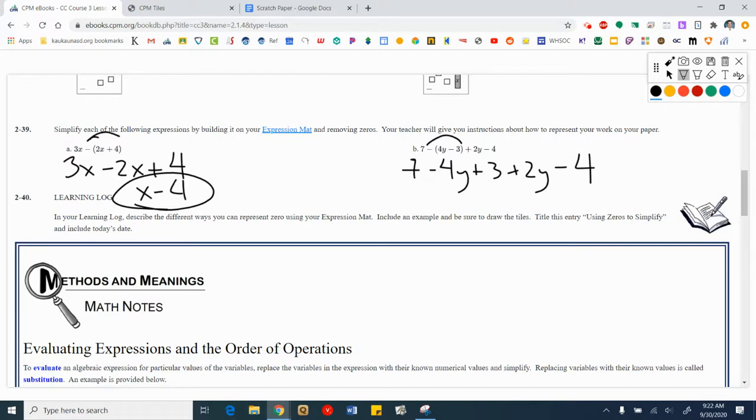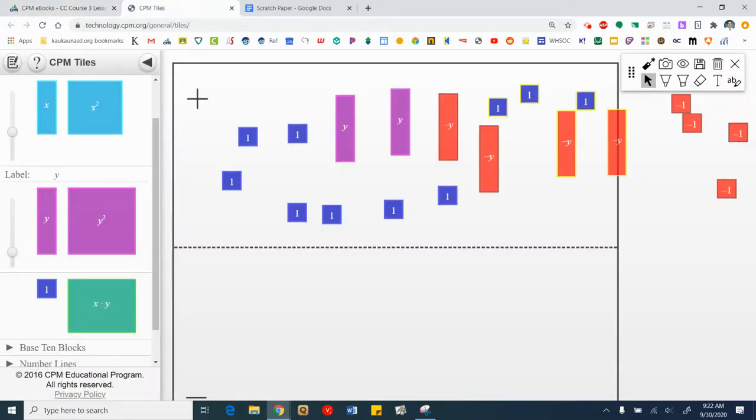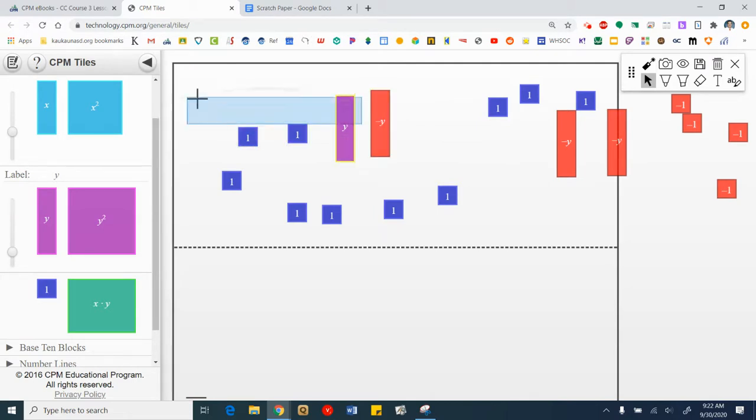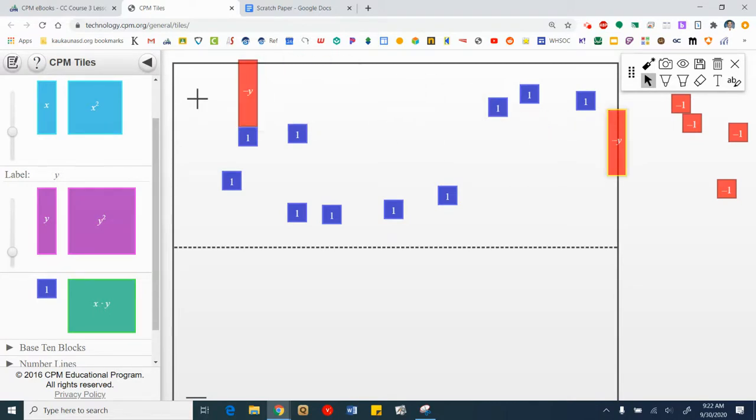Let's go ahead and make our pairs. So we're making zeros now. Cancels out. Cancels out. We have some y's left over: 1, 2, 3, 1, 2, 3.